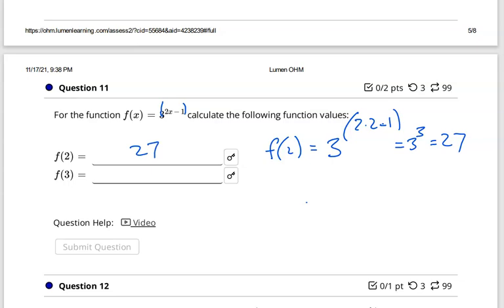f of 3, well, let's go figure that out. f of 3 is 3 to the 2 times 3 minus 1, which is 6 minus 1, which is 5. So we're looking for 3 to the 5th. 27 times 3 times another 3, or just use our trusty calculator.